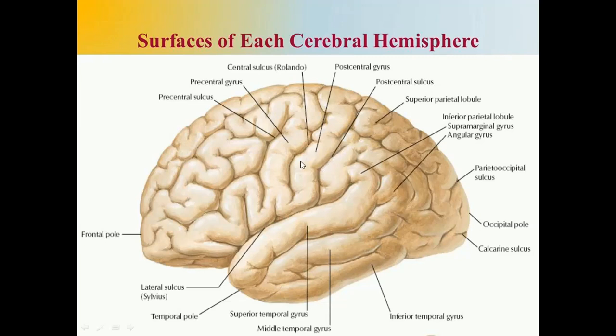So on either side of the central sulcus you get two very well distinguished gyri, and you also find another gyrus which is seen at the angulation here. See, there is a tilting or an angulation here separating the parietal lobe, frontal lobe and the temporal lobe. And this turn is called the angular gyrus.